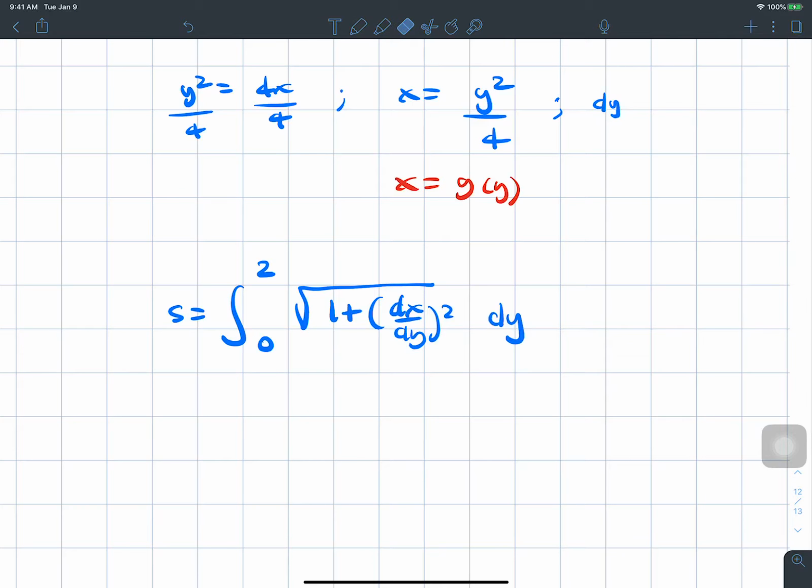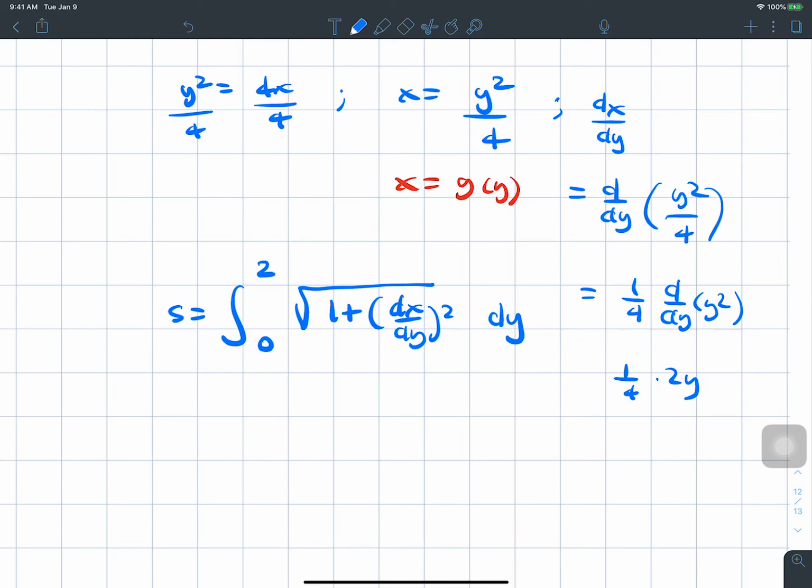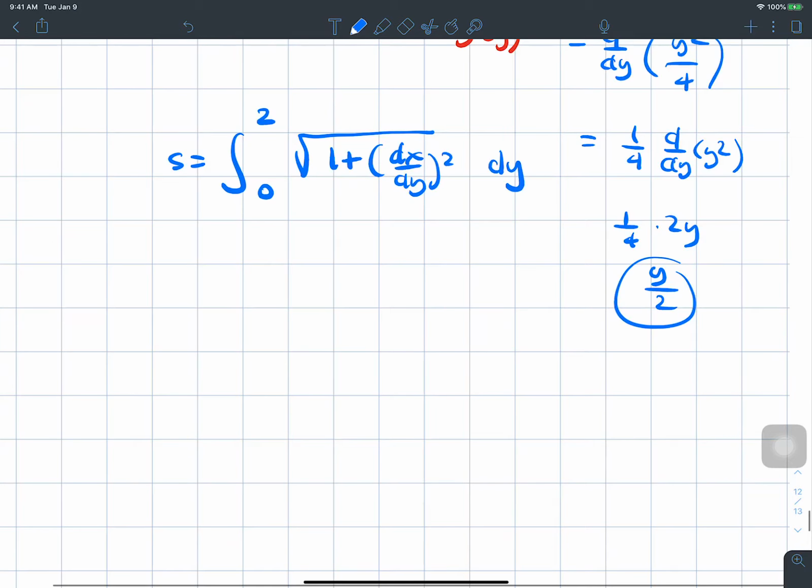This means dx dy is the derivative with respect to y of y squared over 4, which is 1/4 times 2y, which is y over 2. Okay, so here we go. dx dy is y over 2.